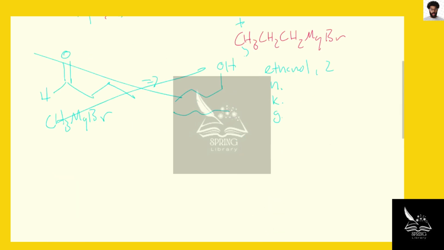So what we're saying is ethanol, PCC gives us acetaldehyde, okay, then butyl MgBr.